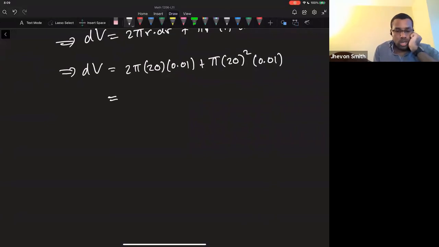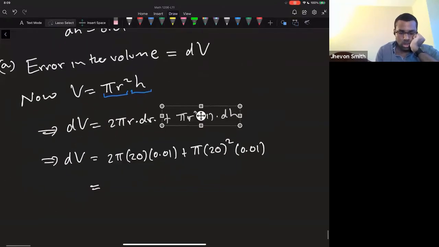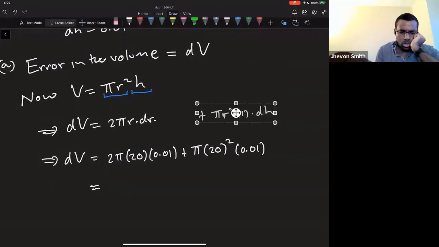So the change in volume, I think, wait, I'm missing something. I'm missing the h here. All right, differentiate the r, the h has to stay. And I left the pi r squared there too, okay.